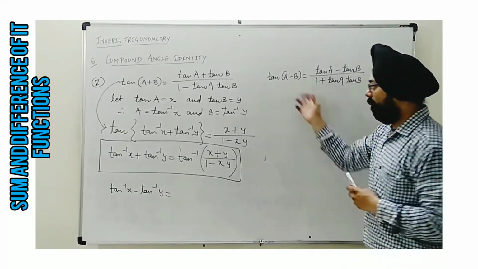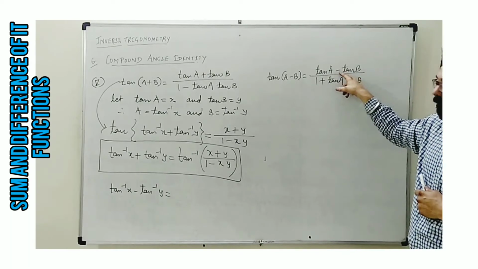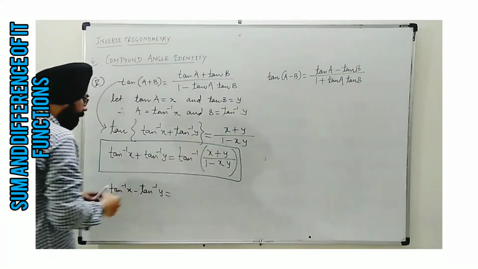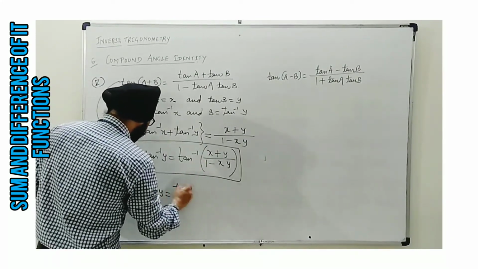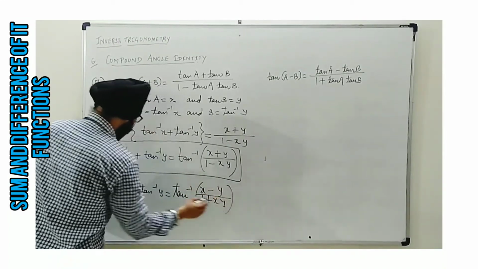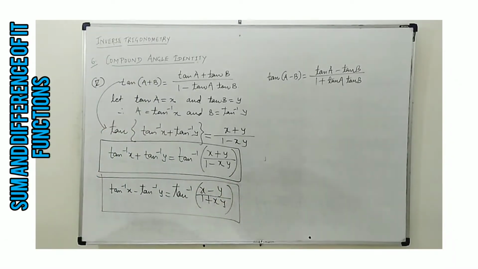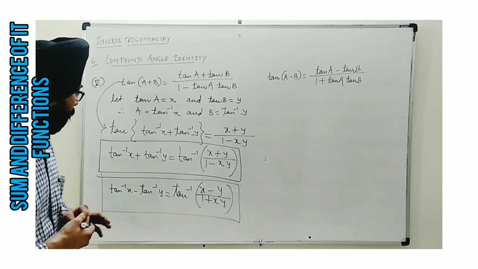Now you see that by comparison, when it is minus, the numerator is subtraction and the denominator is addition. So the same change we will find in this identity also. When we are taking the minus sign here, we have tan inverse of (x minus y) upon (1 plus xy). This is the last and sixth identity of this batch, the compound angle identities. And every time these are actually based on addition and subtraction of inverse functions.